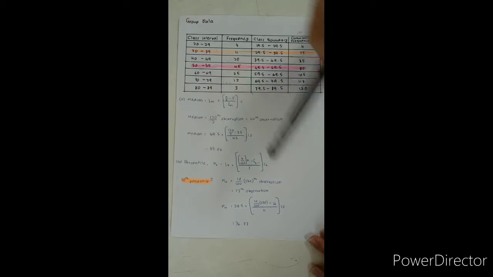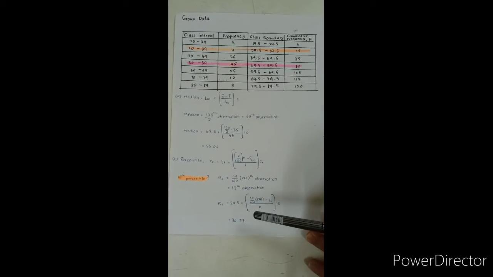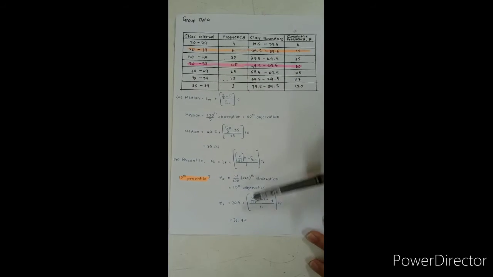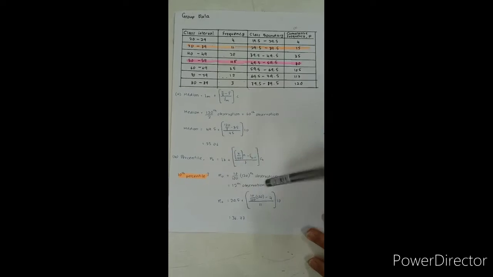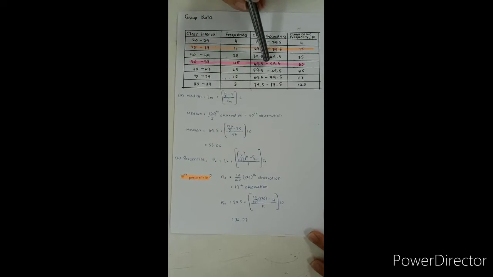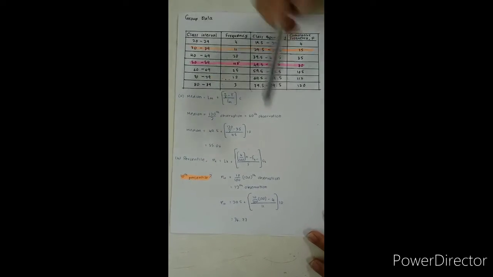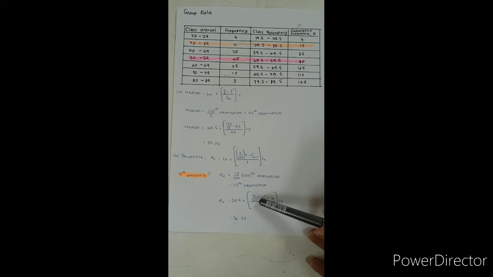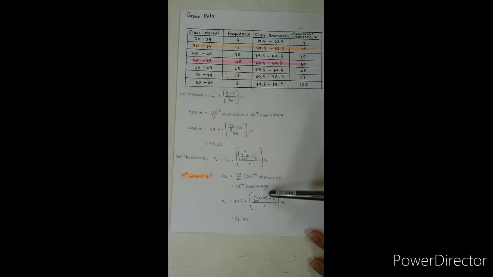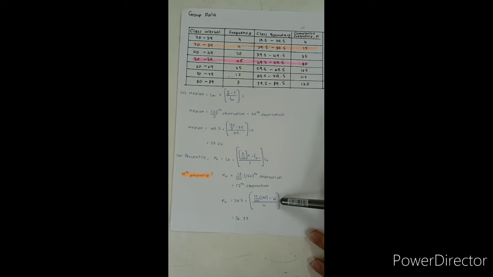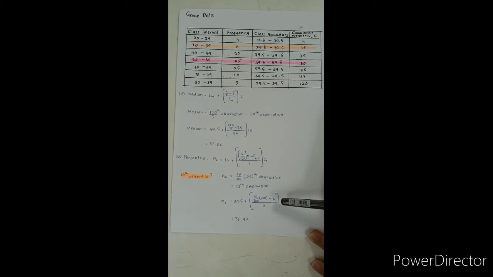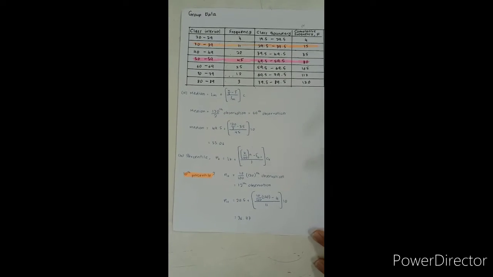So here we simply plug in all the values. L is the lower boundary, which is here, 29.5, and we plug it in, and minus F, which is the cumulative frequency of the class before.